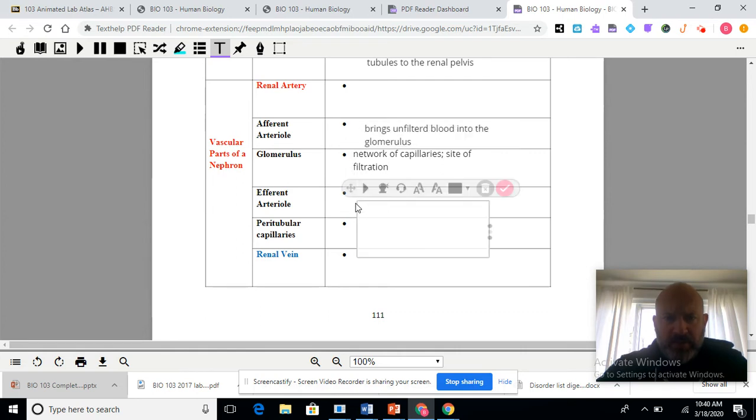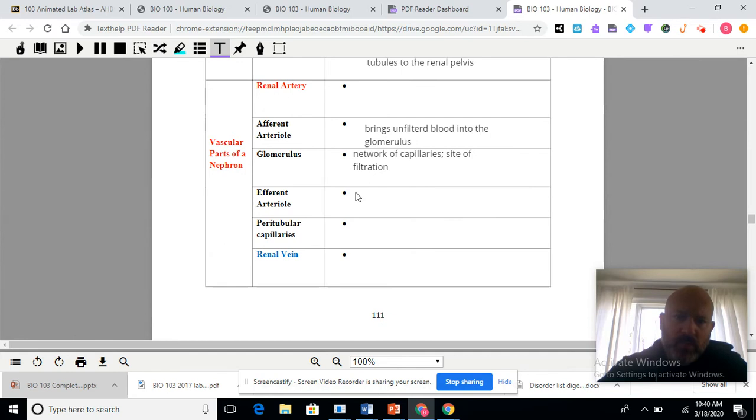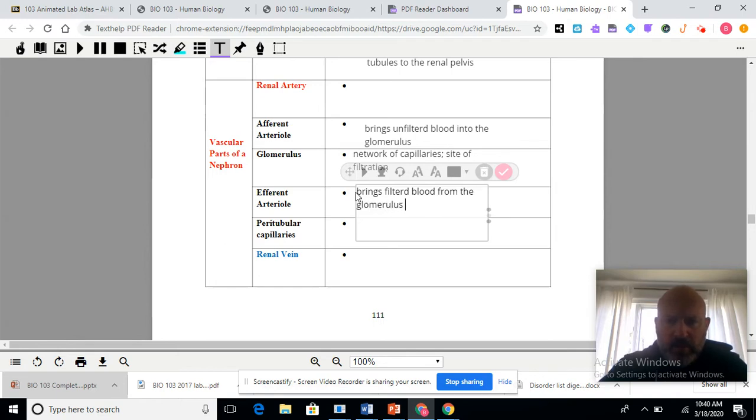The efferent arteriole brings that filtered blood from the glomerulus to the peritubular capillaries.